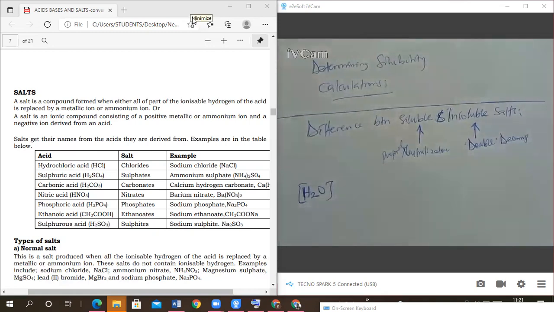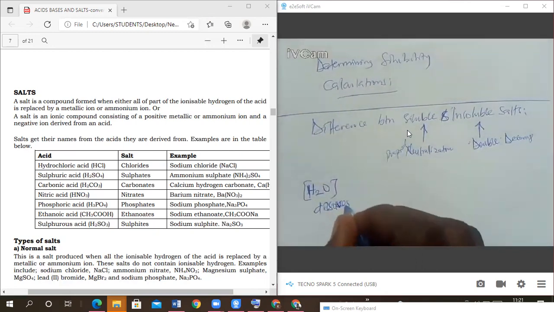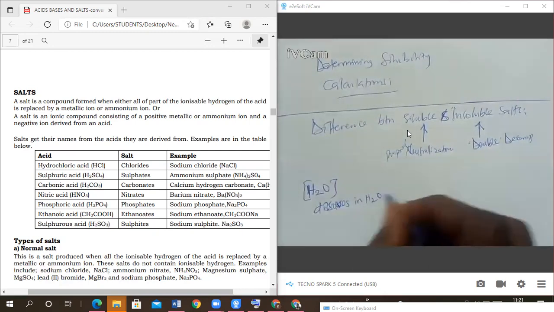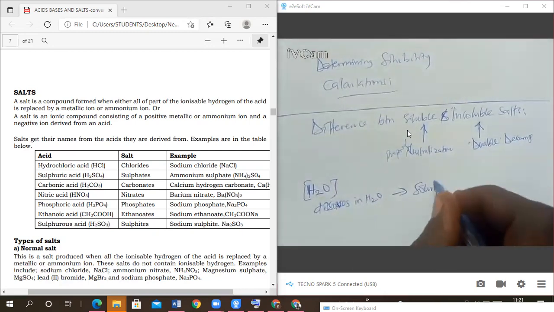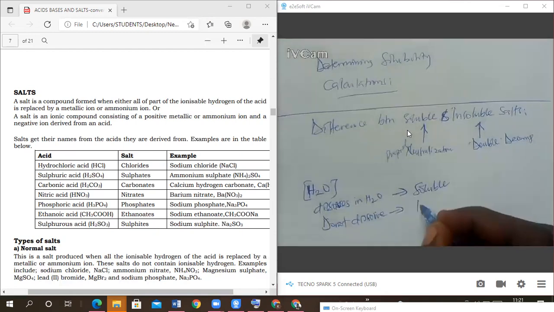If something is soluble in water, that salt is considered what? If it dissolves in water, that salt is considered soluble. If it does not dissolve in water, that salt is called insoluble.